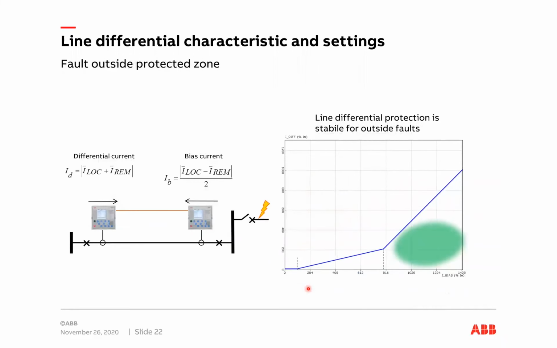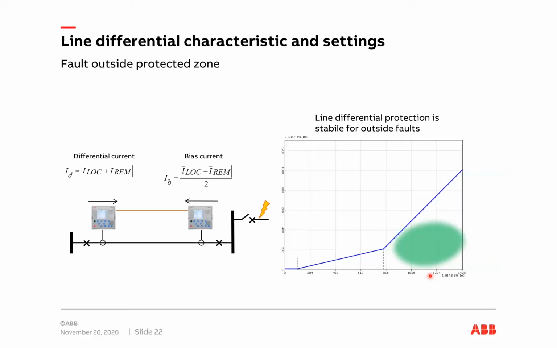If the fault is downstream, it means that we will have a high load current, which is also seen as a high bias current, but the differential current will be low. There will, however, be some differential current due to measuring error in the CTs, which will increase the higher the current they measure.